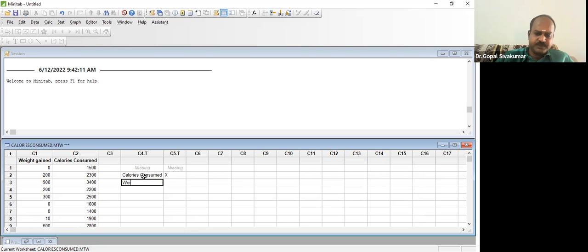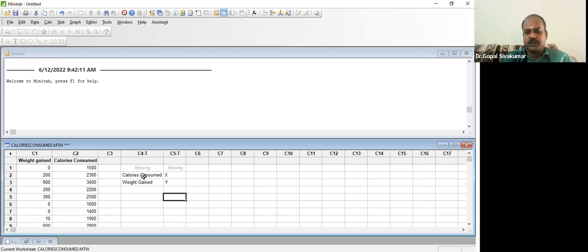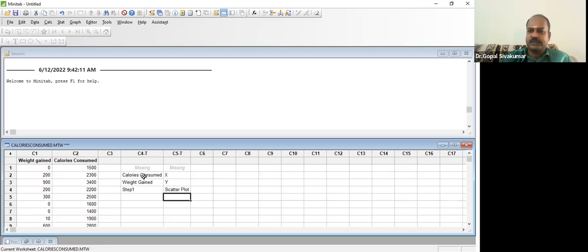Now the weight gain. What is this weight gain? Y. This is a Y variable. Now I want to know the relationship that may exist between X and Y. So what I will do, generally, step number one, go for a scatter plot first. Go for a scatter plot.